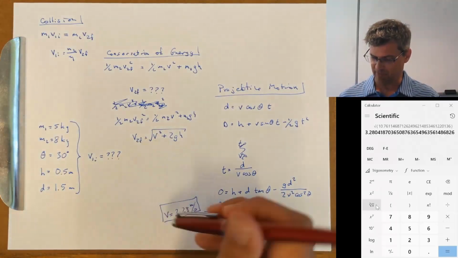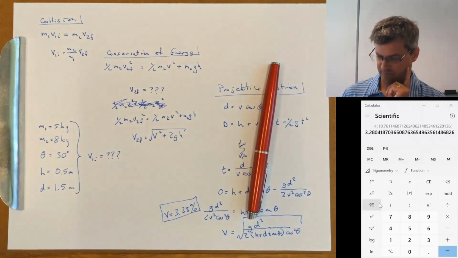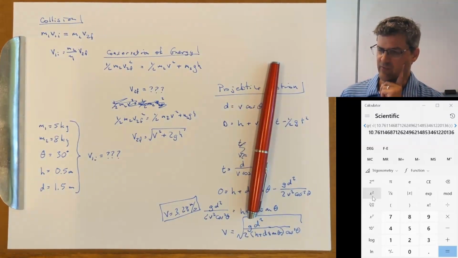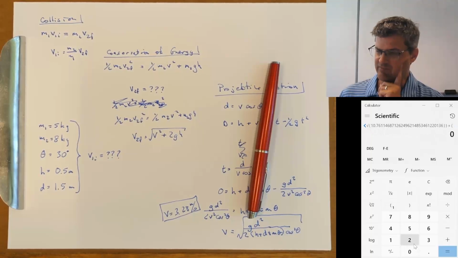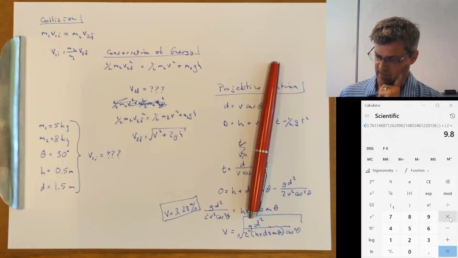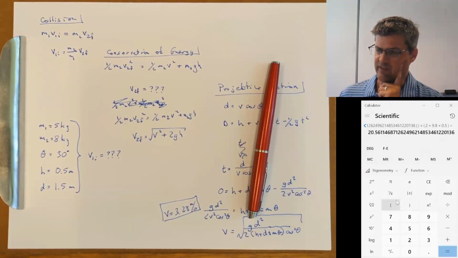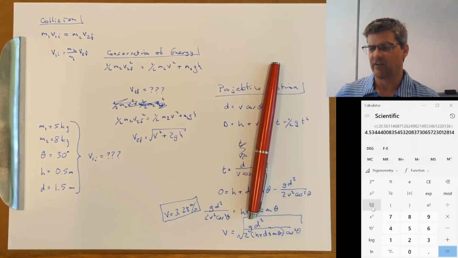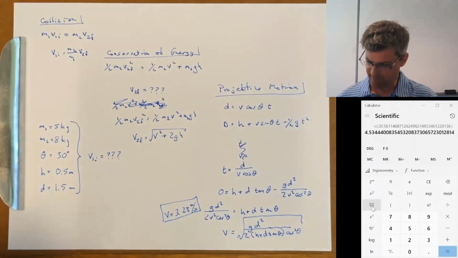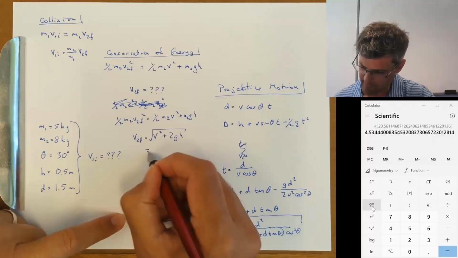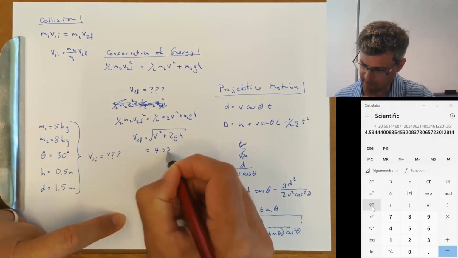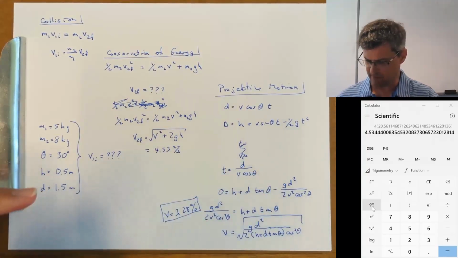Knowing v, I can plug that in here. Let's square this, plus 2 times 9.8 times 0.5 is equal to this. Take the square root. So 4.53 meters per second.